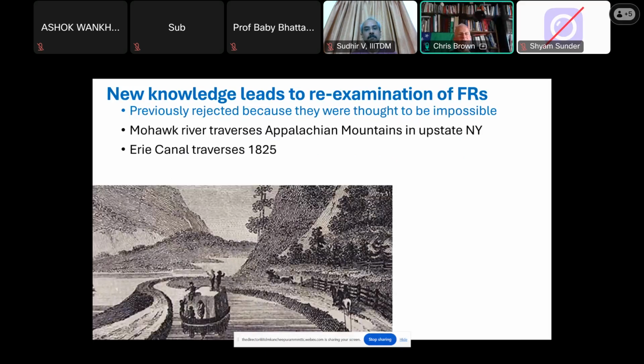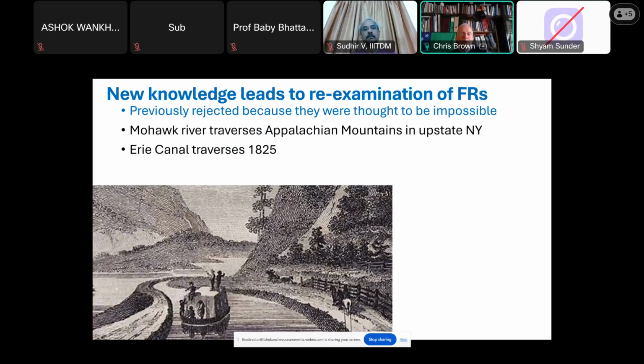So this connects essentially the Hudson River, which is really an estuary and almost a fjord, to Lake Erie and now access to the interior of North America from the Atlantic Ocean. And this is what makes New York eventually one of the world capitals.